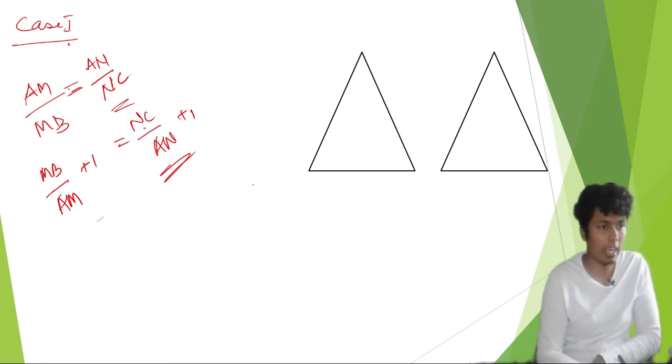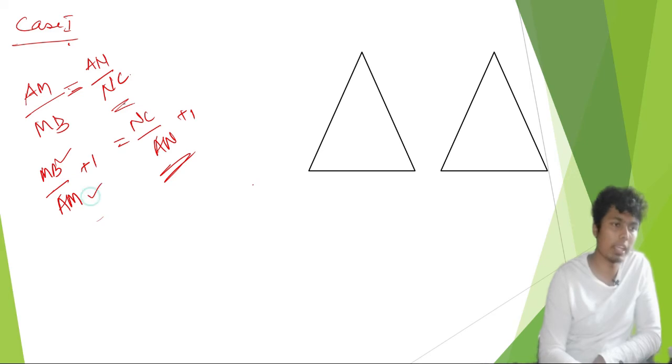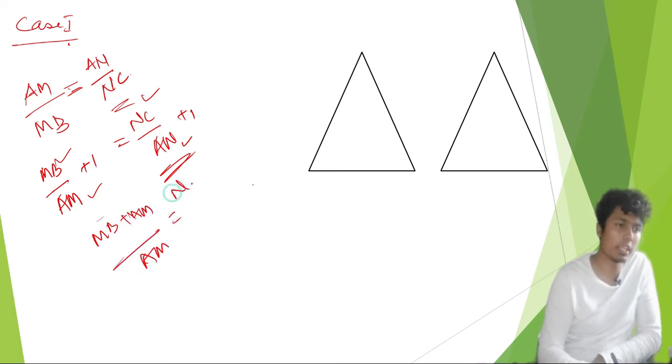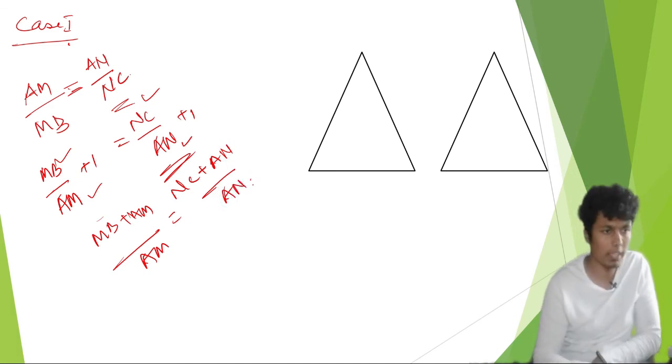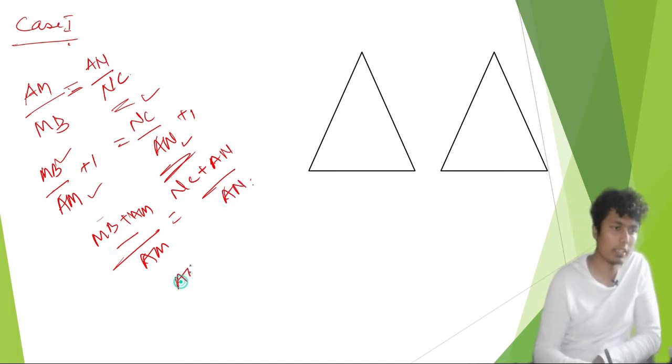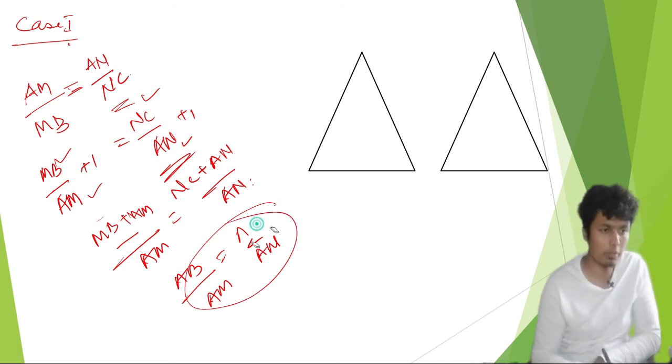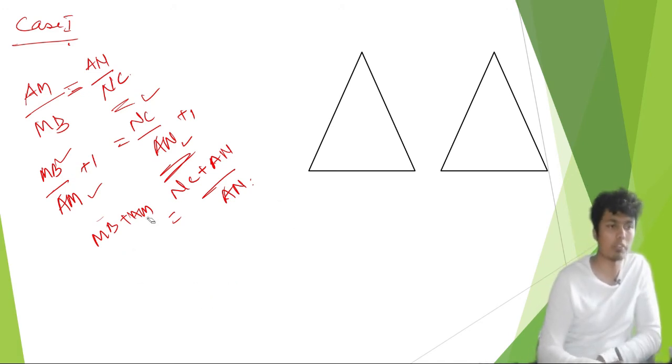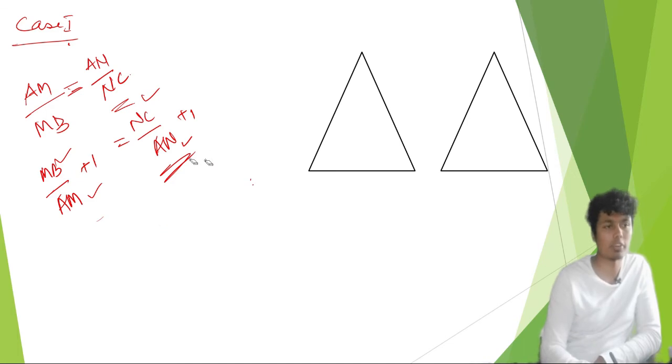You take the LCM: MB plus AM by AM is equal to NC plus AN by AN. You write it this way. After that, this one is AB by AM and this one is AC by AN, which is given in the textbook. So this is there in the textbook.